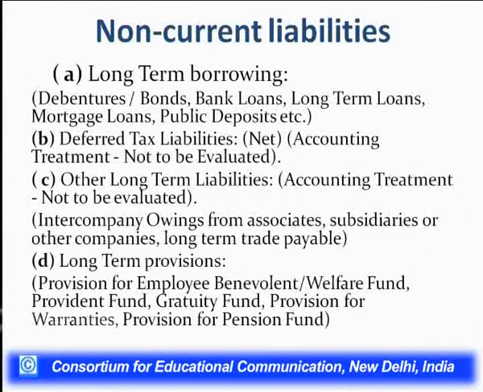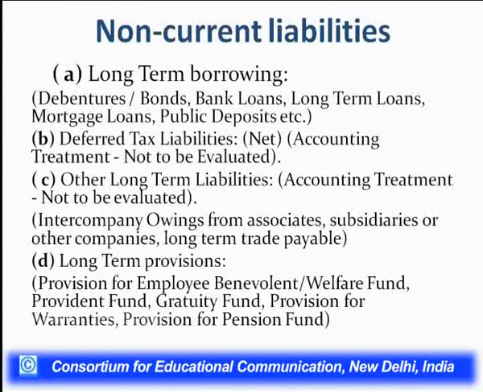Under non-current liabilities, we are going to show first long-term borrowings, which could be debentures, bonds, bank loans, long-term loans, mortgage, public deposit, etc. Deferred tax liabilities, as I already discussed, the difference is shown, but it is not to be evaluated.